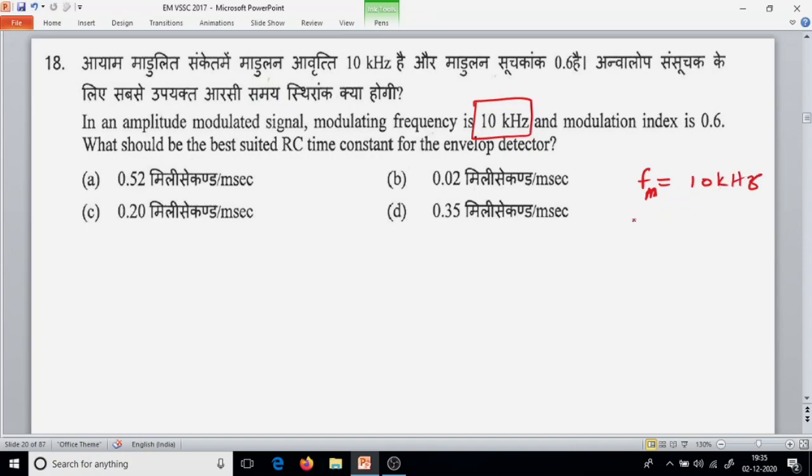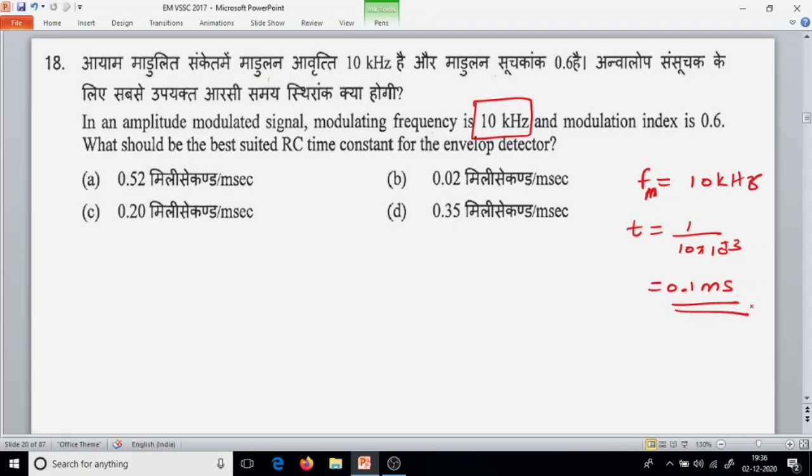What is the time constant? T equals 1 by 10 into 10 to the power 3, kilohertz, that equals 0.1 millisecond.